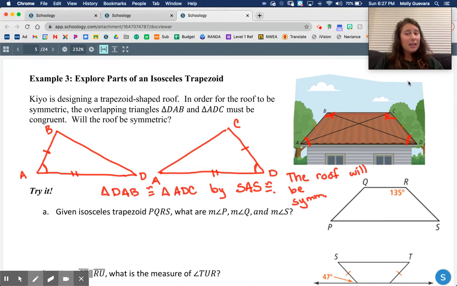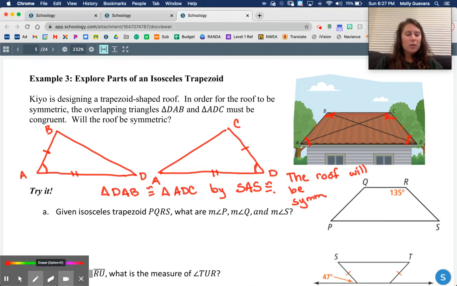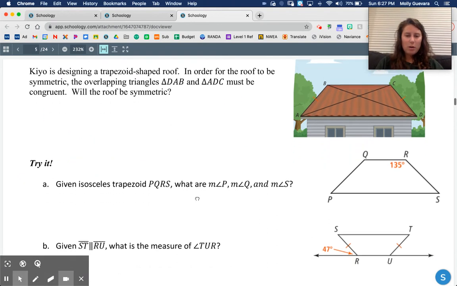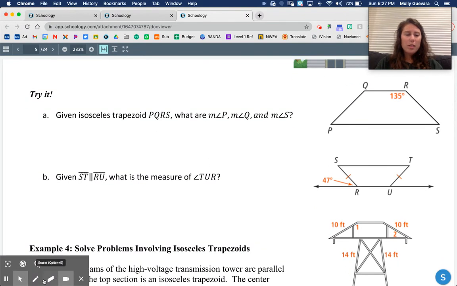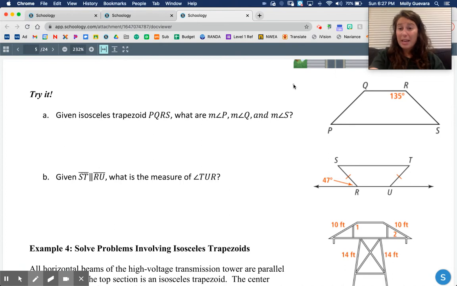Okay? So we have two pairs here. Might take a little bit of brain power. Remember what we talked about in our last lesson, 6-1, about the sum. Can I add up all four angles of a quadrilateral? What do they add to? That's going to be a huge hint for you.